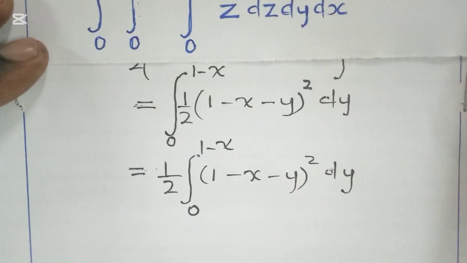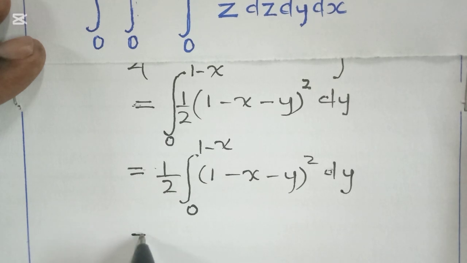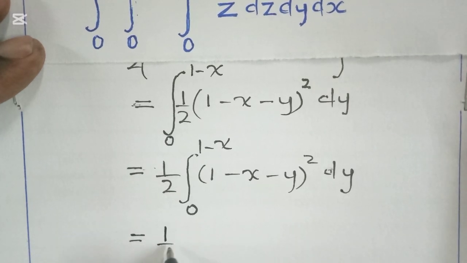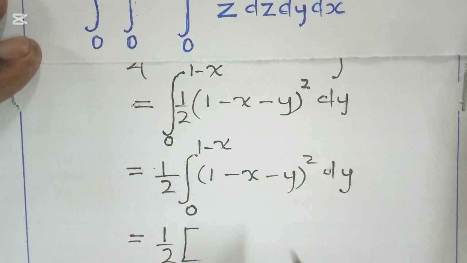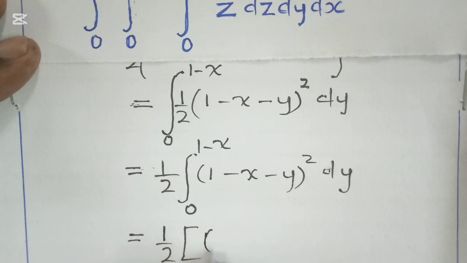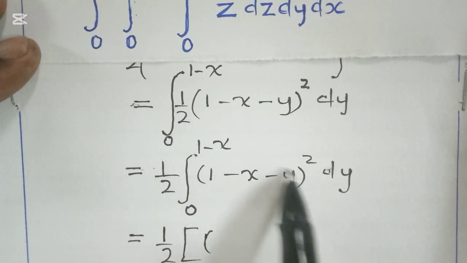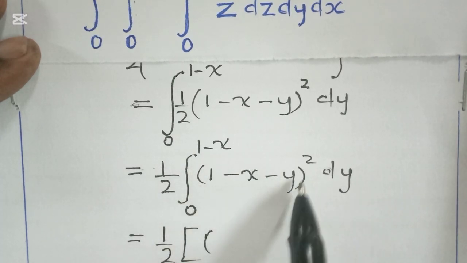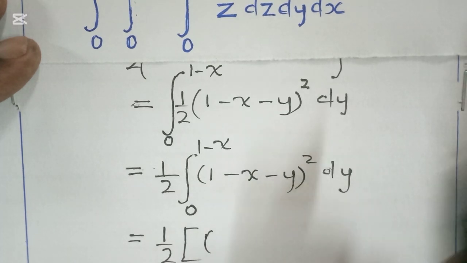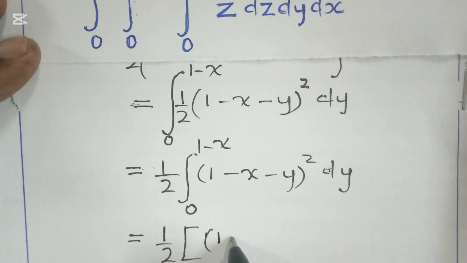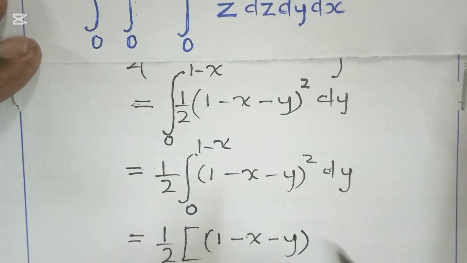So from there, guys, we now do our integral. We're going to have first of all a half, and then we integrate inside here. First of all, note that this is 1 unit, with reference to y. So this is going to be 1 minus x minus y, then we put 3 there, all over 3.